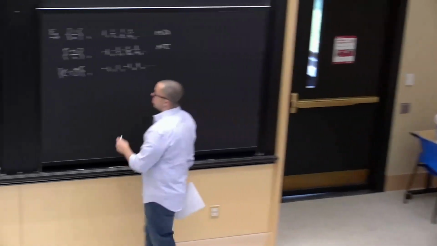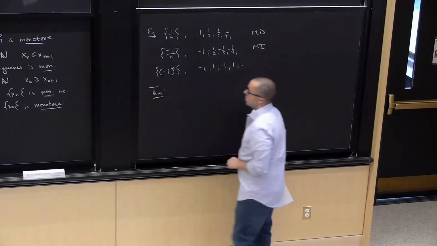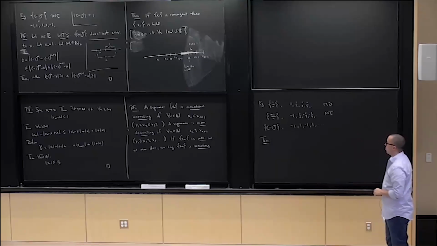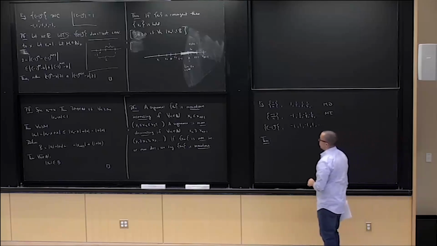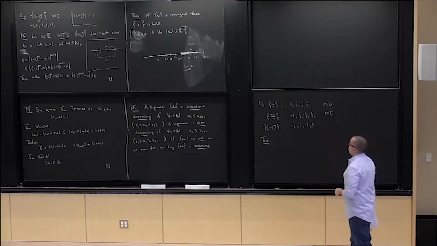And so the theorem about monotone sequences is that there's a simpler criterion than the definition for determining when they're convergent, or if you like, they satisfy the converse of this theorem up here.